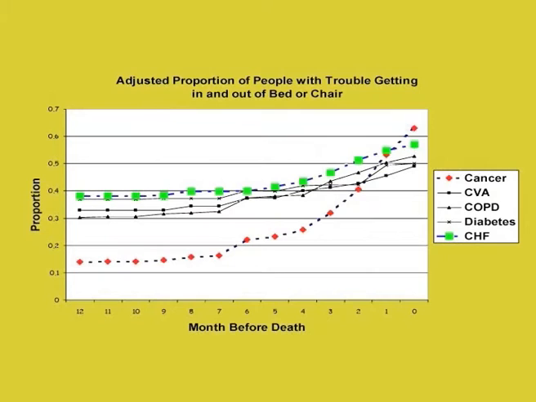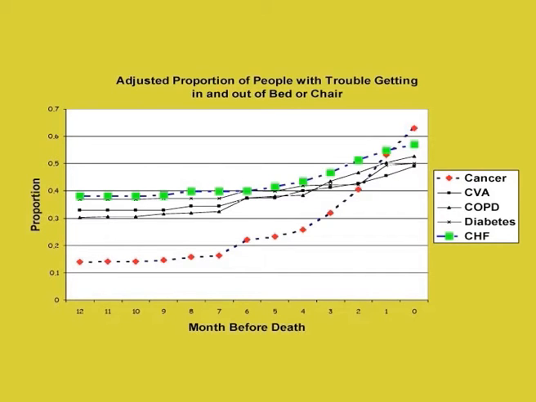You can see graphically how it is shown, that is the adjusted proportion of people with trouble getting in and out of bed or chair. Here you have about 5 diseases, and you can see the red dots, that is the cancer patients.